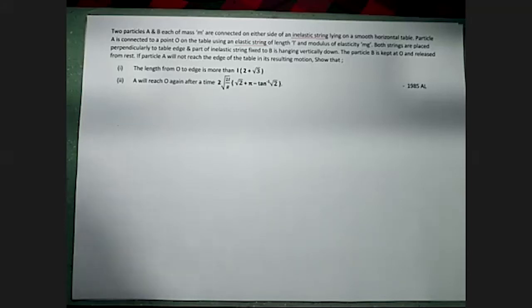Particle A is on the table. And also particle A is connected to a point O using an elastic string. All these string parts are perpendicular to the table edge.